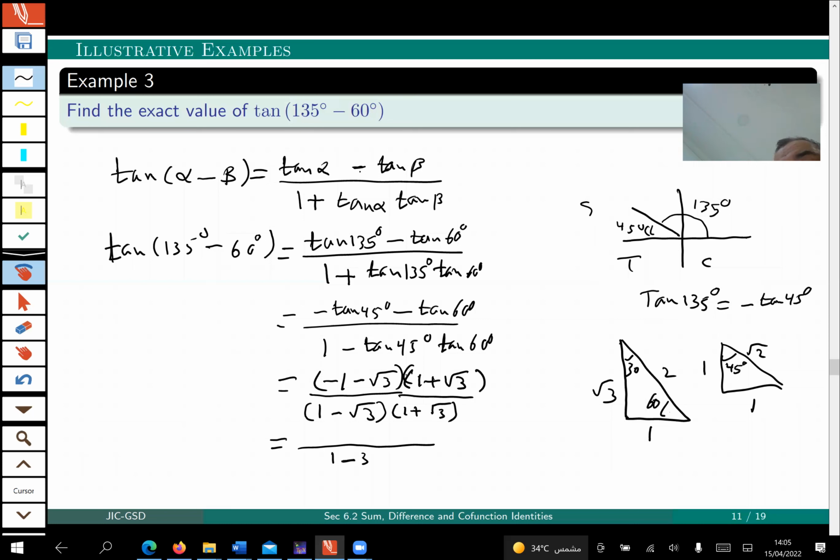For the numerator, we expand: minus 1 times 1 is minus 1, minus 1 times root 3 is minus root 3, and minus root 3 times 1 is minus root 3, and minus root 3 times root 3 is minus 3. So we get minus 4 minus 2 root 3 over minus 2, which is 2 plus root 3.